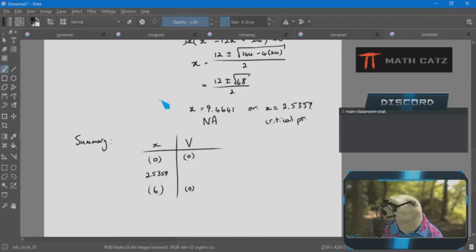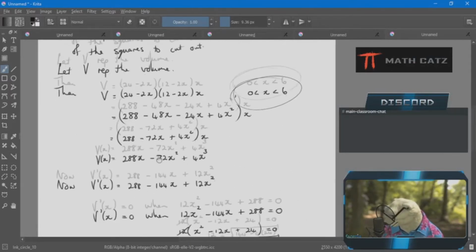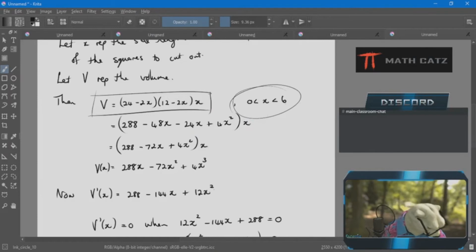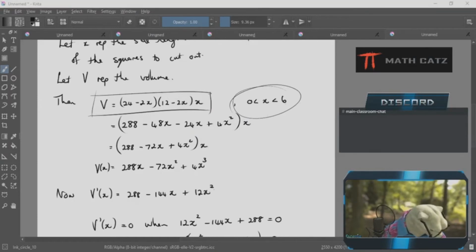I have to go back up all the way to my volume. I'll pick the very first version, it's the nicest, and then calculate what is the volume. Now it's going to be a little bit annoying because I have a large decimal number, but it doesn't take that long. And definitely check that you can get the same answer right.